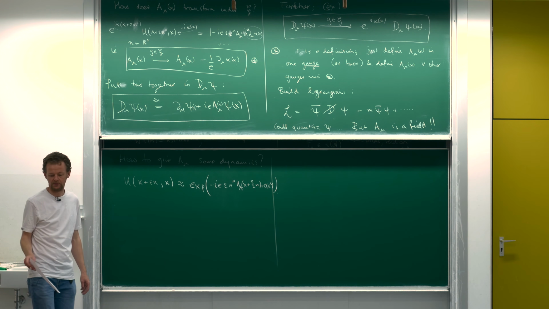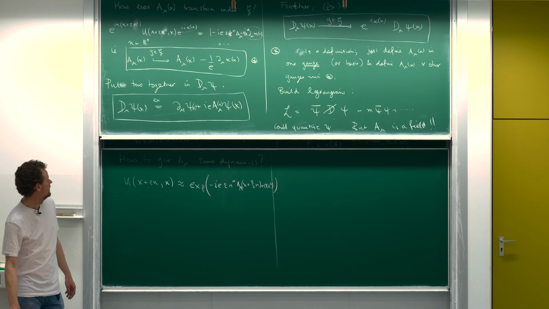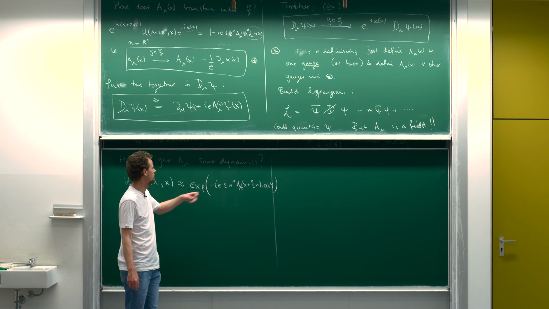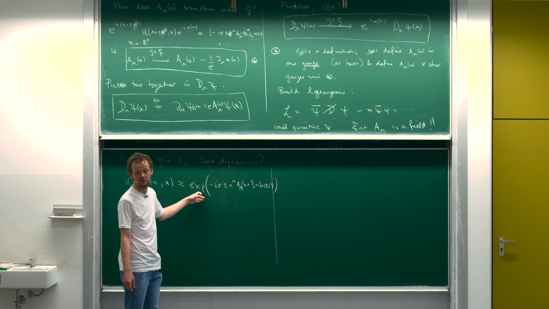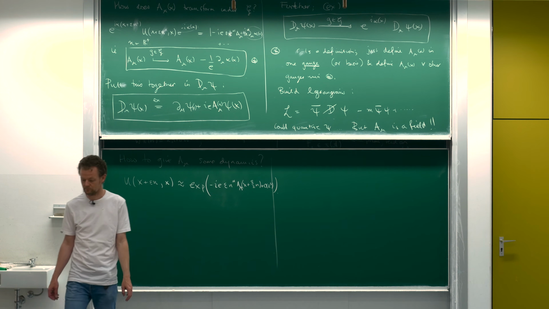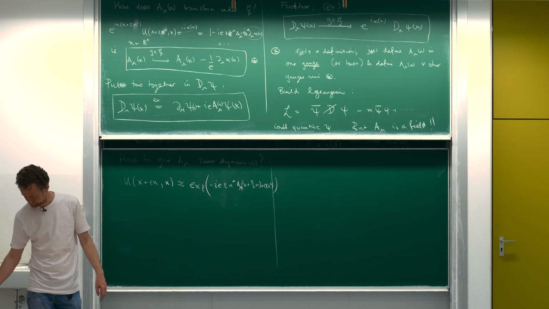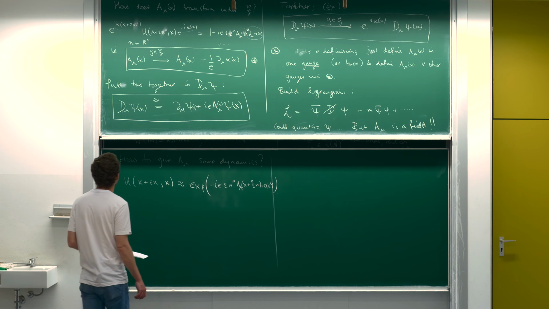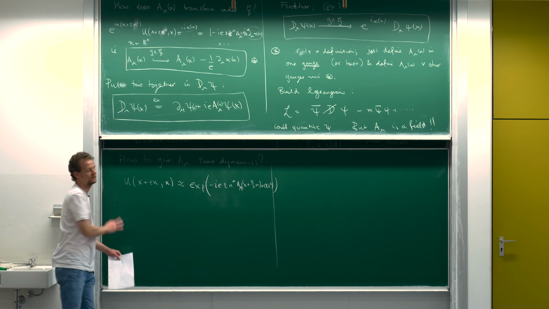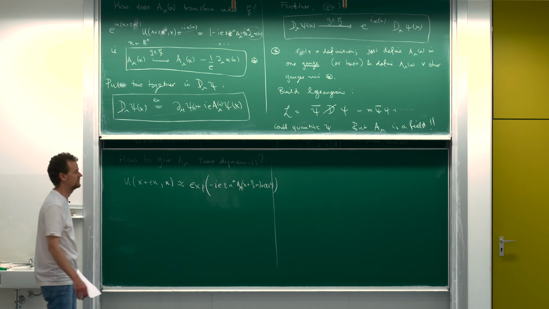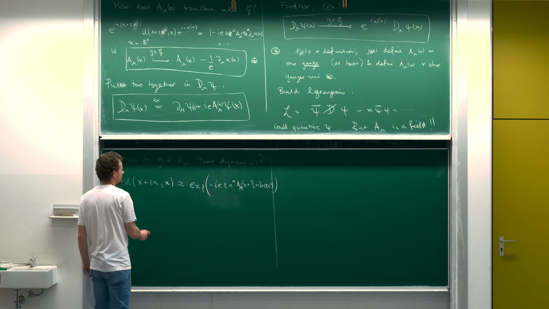So if you work out the Taylor series for the parallel transporter, you see that you can actually use an exponential on the right hand side and get exactly the same Taylor series. And we know that this object transforms in a very nice way, right? We know that under gauge transformations it transforms in exactly the right way.